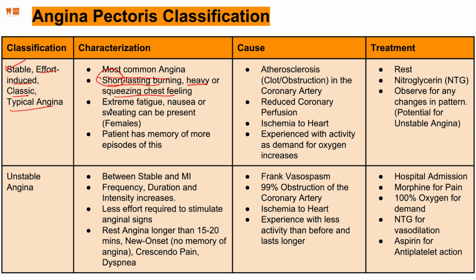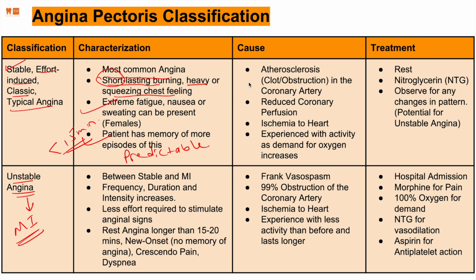It can also lead to extreme fatigue, nausea, sweating, present in females. We discussed that. And the patient generally has a memory that they're predicting this. It is predictable in nature and pattern. Patients already know that, oh, in less than 15 minutes, it'll go away, don't worry. But less than 15 minutes. Anything above can lead to suspicion of unstable angina. And anything that is a first-time angina, you want to consider and treat as if it is MI. Okay, we'll get to that in a few slides.